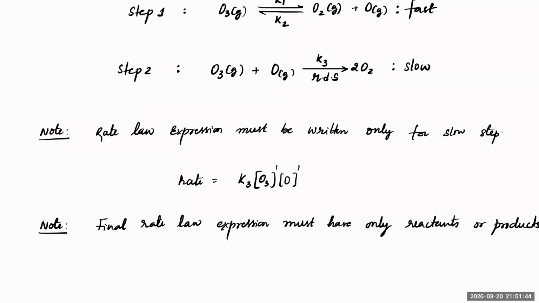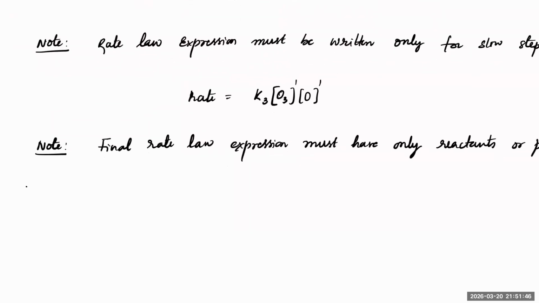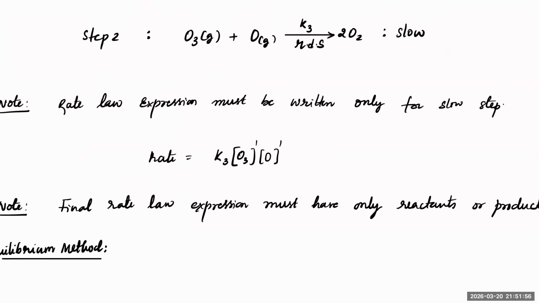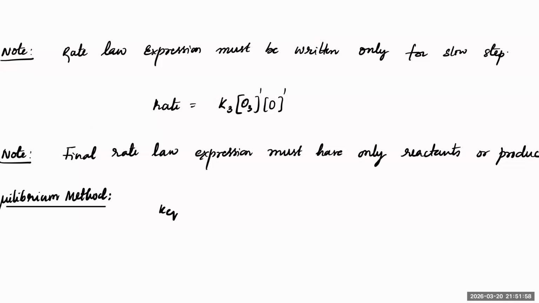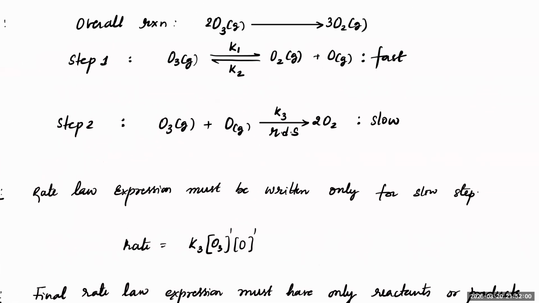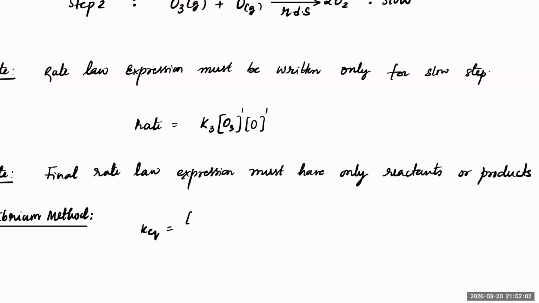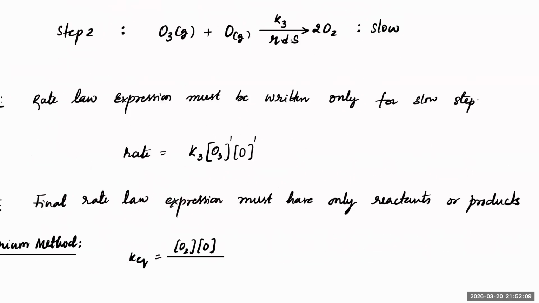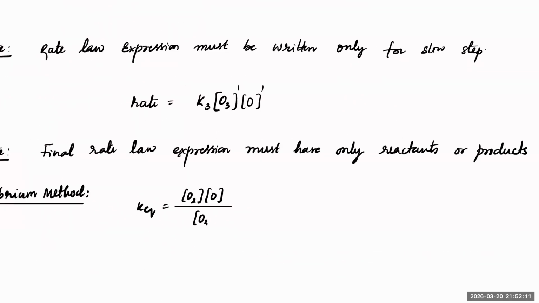First, the equilibrium method. As per the equilibrium method, first you write the equilibrium constant for the given equilibrium reaction, which is equal to O2 concentration into O concentration upon O3 concentration.